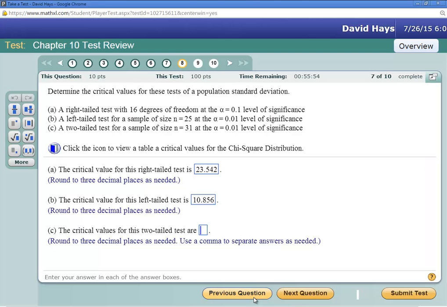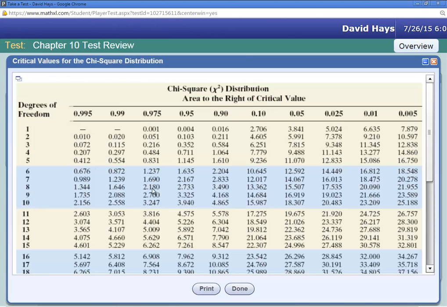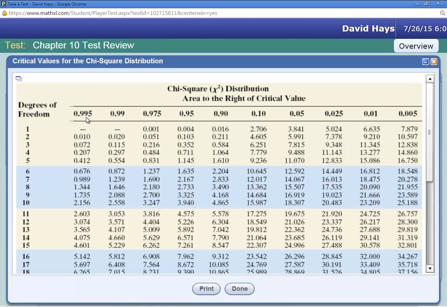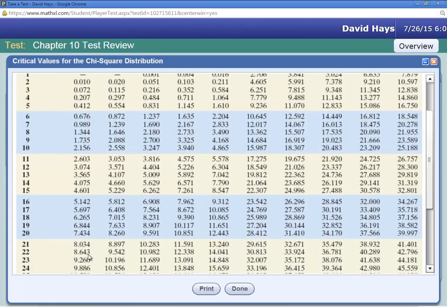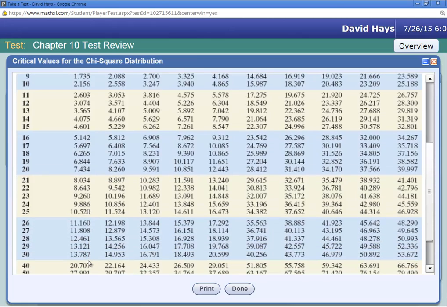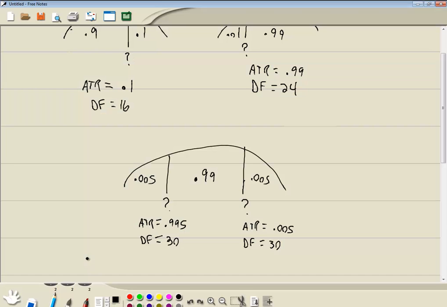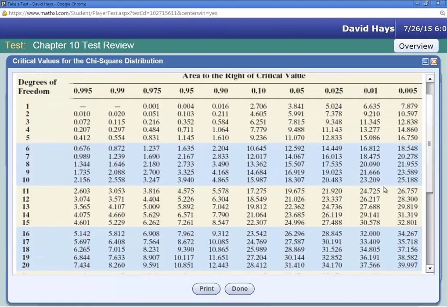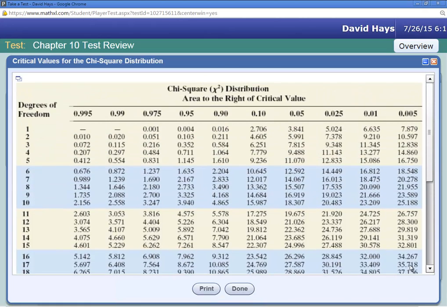Okay, so let's go look those up. 0.995, 30. 13.787. And for this one, the area to the right is 0.005, which probably is our far right column, which it is.